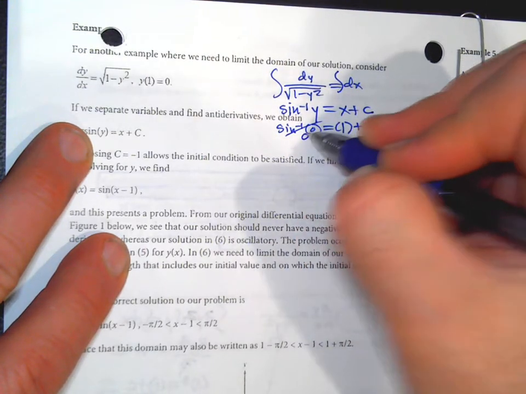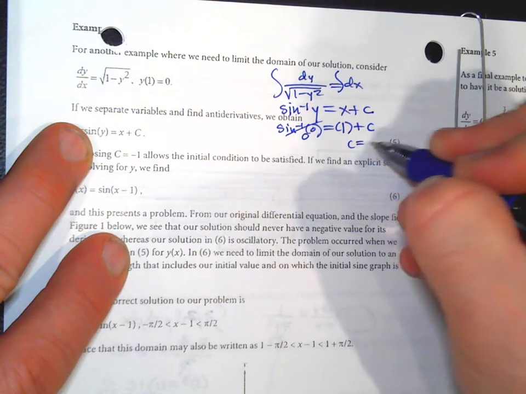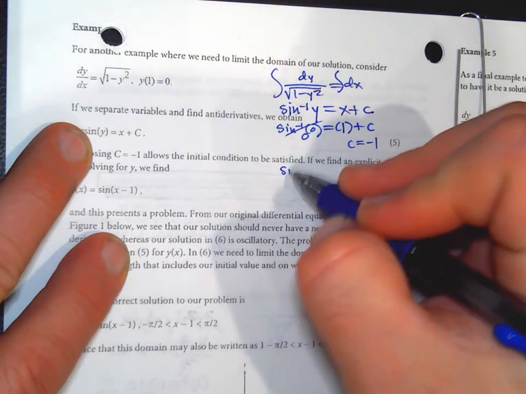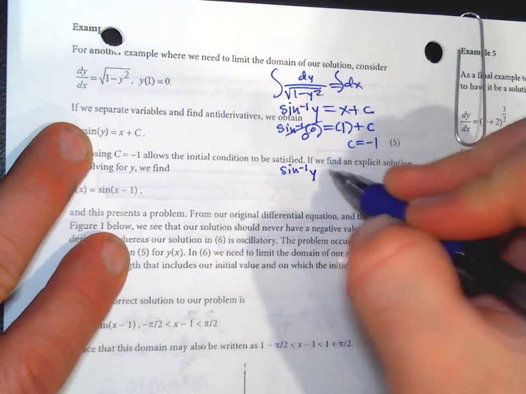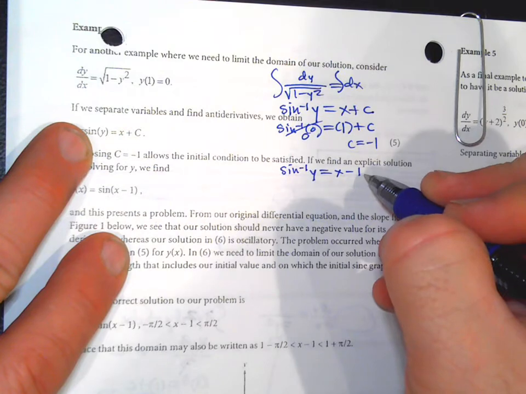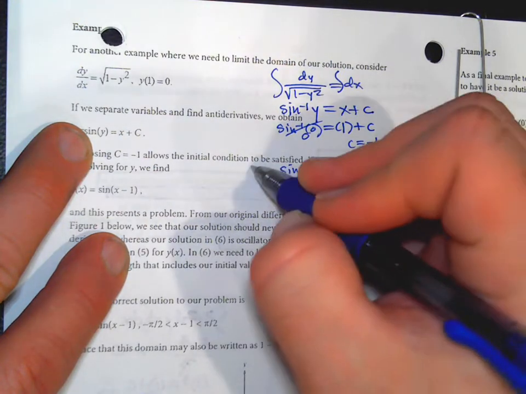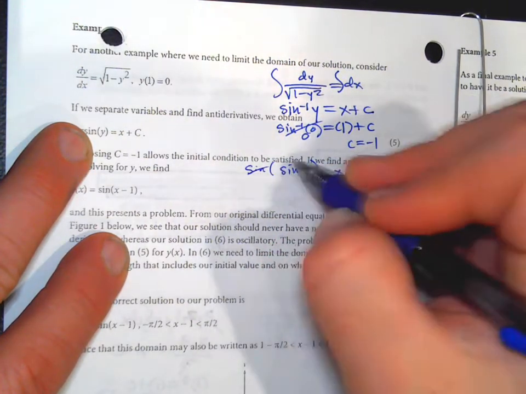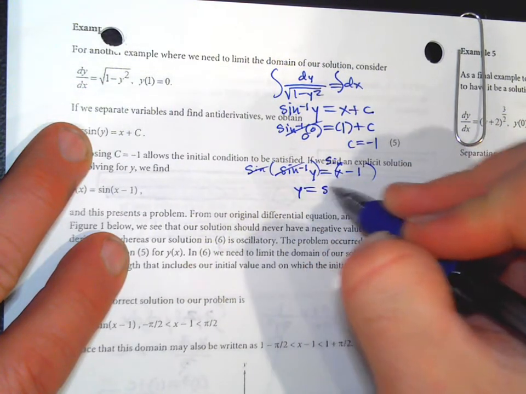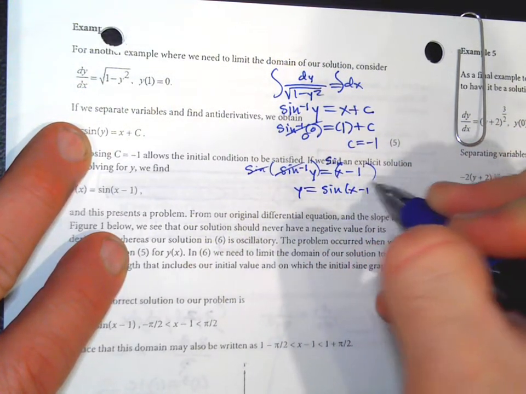Well, that would be 0, principal values. So c equals -1. So we get inverse sine of y equals x minus 1. And then to undo inverse sine, to get y, you take the sine of both sides, because that would be the inverse function. So y equals sine of x minus 1.